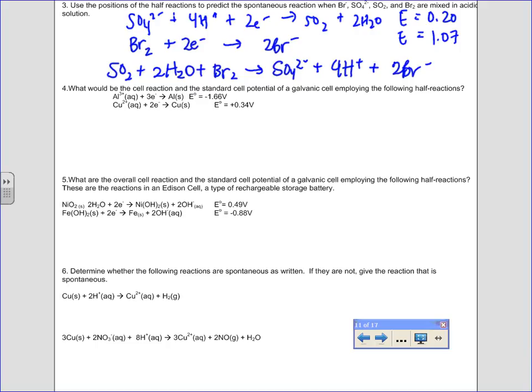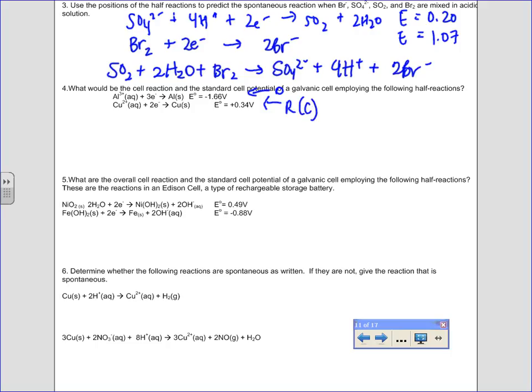Okay. In example 4, it asks what the cell reaction would be and the standard cell potential of a galvanic cell employing the following reactions. Okay, so again, we're comparing two reactions. The one with the higher cell potential is the one that's going to be reduced. Okay, the one that is with the lower cell potential is the one that's going to be oxidized.